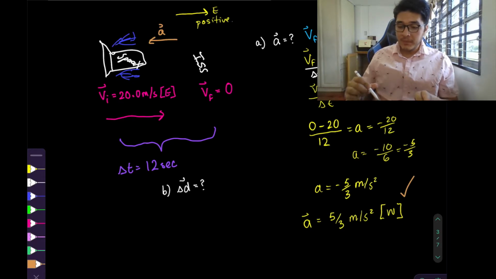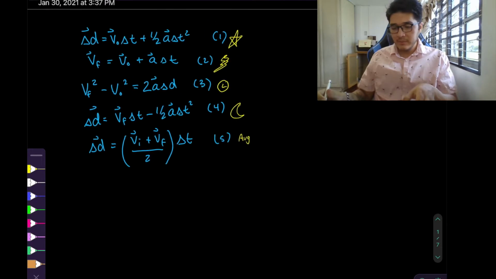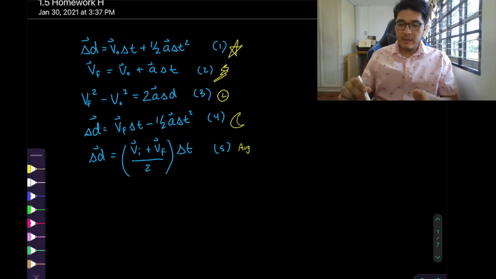For the second part, now we're looking for displacement. So let's go back to the formula sheet. And again, I always start from the top. We're looking for displacement. We have initial velocity, we have the time, we have acceleration now, and we have the change in time.